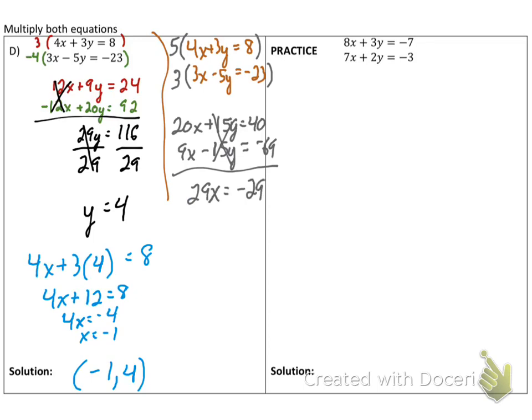I'm going to be left with 29x equals -29, and that means x equals -1. So you see, it doesn't matter which ones I manipulate or which variable I choose to eliminate. You should get the same solution. All right, try out that practice problem. Pick a variable to eliminate. Figure out what you need to multiply both equations by in order to get opposite coefficients.